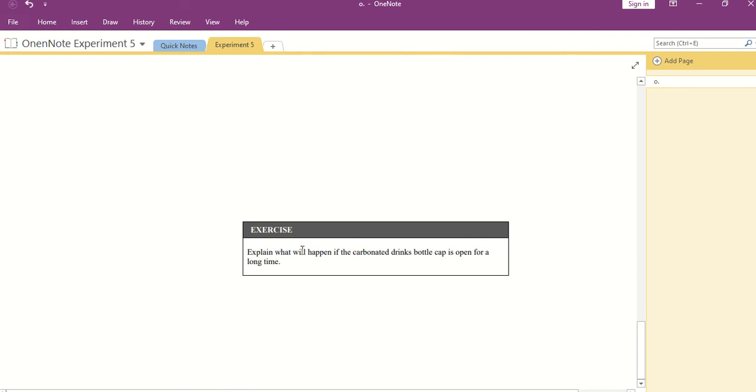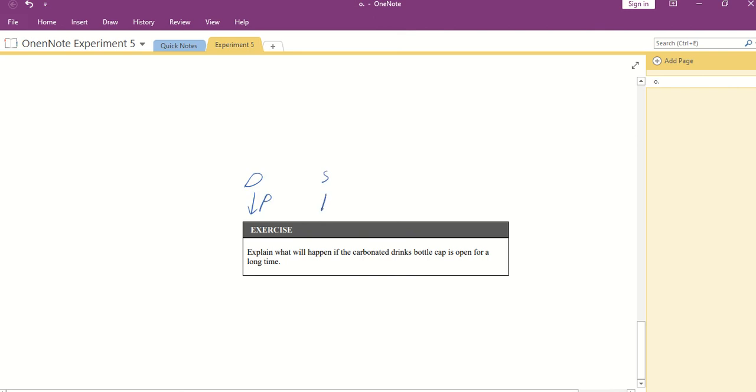Explain what will happen if the carbonated drink bottle cap is open for a long time. Sama juga macam kita pindahkan air tu ke dalam gelas. Kalau kita buka dia punya cap for a long time, the pressure release. So apa disturbance yang kita dah buat, kita dah turunkan pressure.